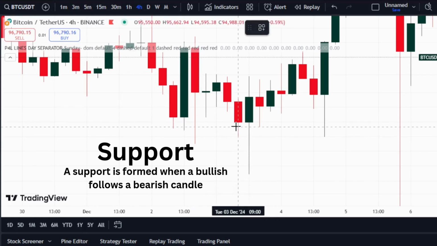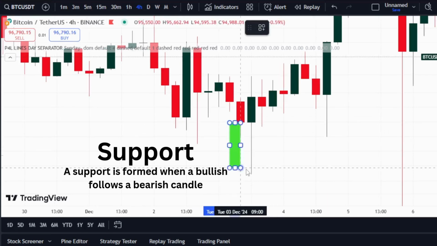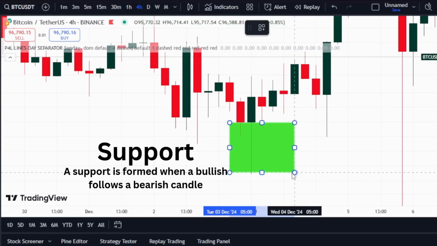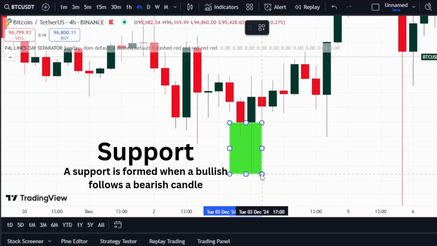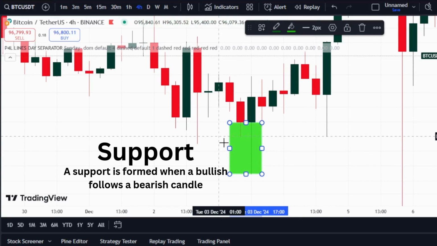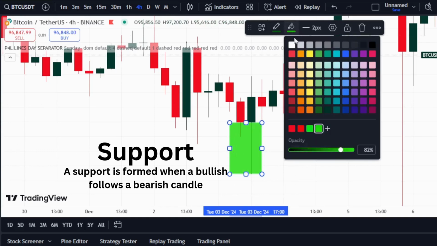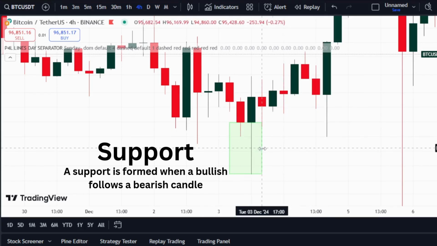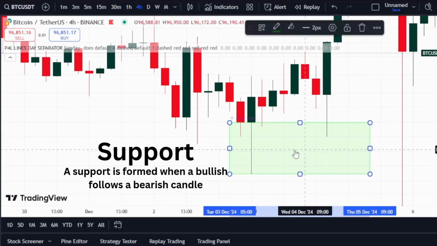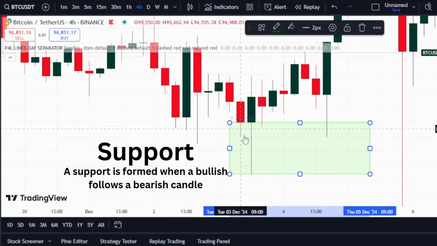The whole of this place, the wick is inclusive. Very important, you have to take note of that: the wick of both of them are included. So all of this place, if we move it down like this, they are support.